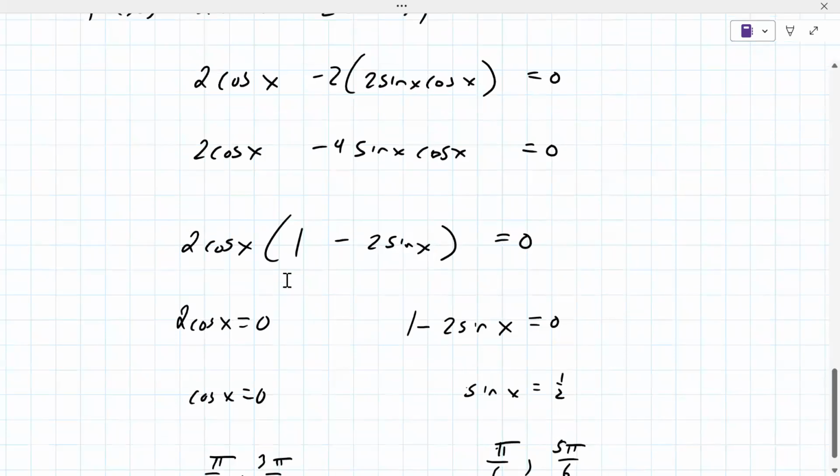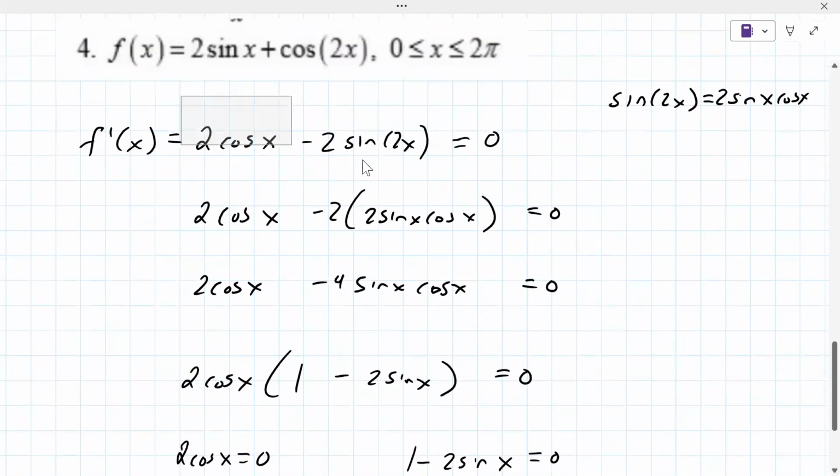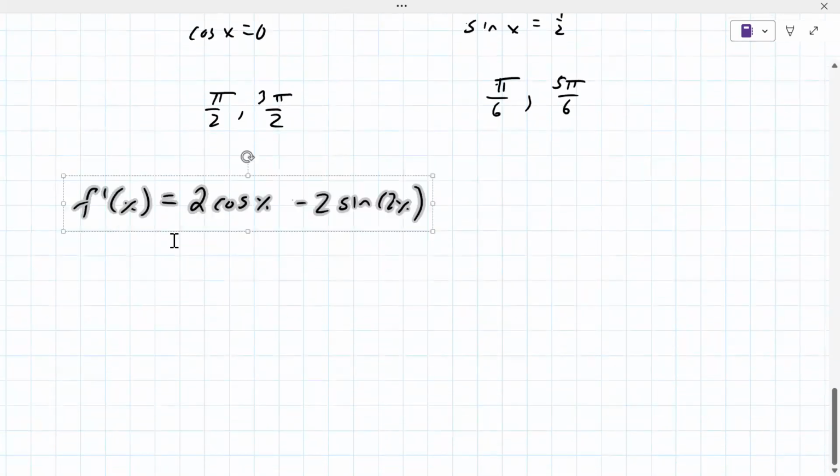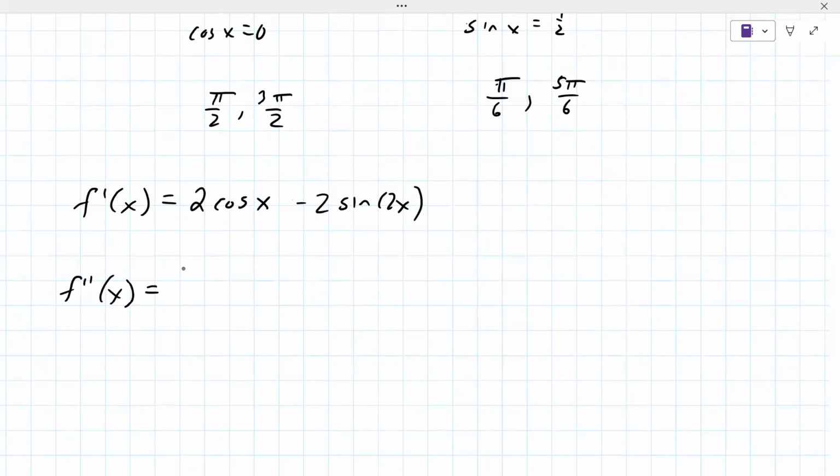Now, if you're going to use the second derivative test, you want to come back to this line and take another derivative. Let's take your second derivative from here. Why do we need to take the second derivative?